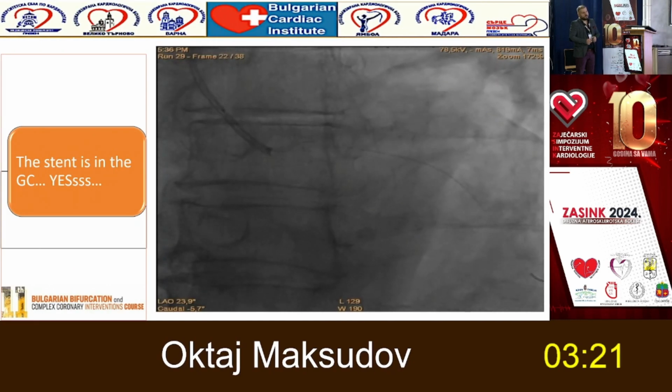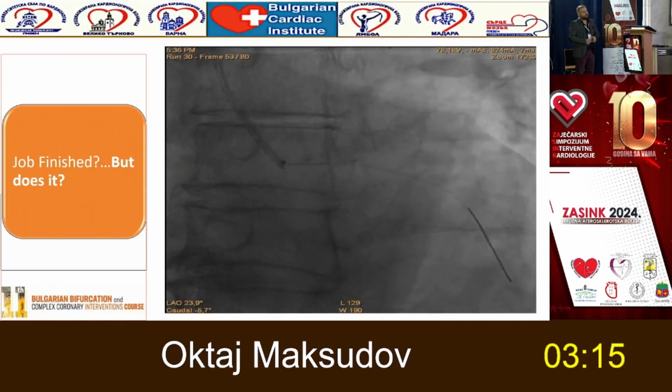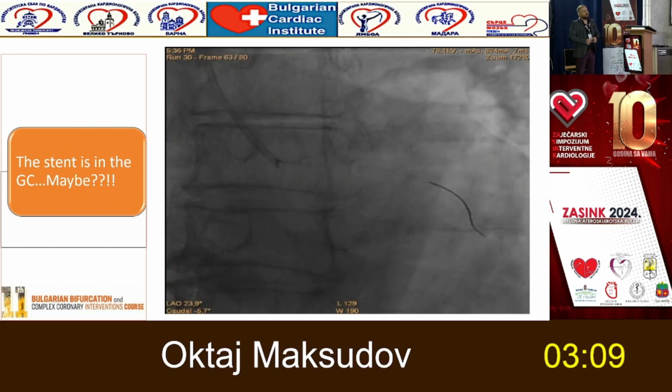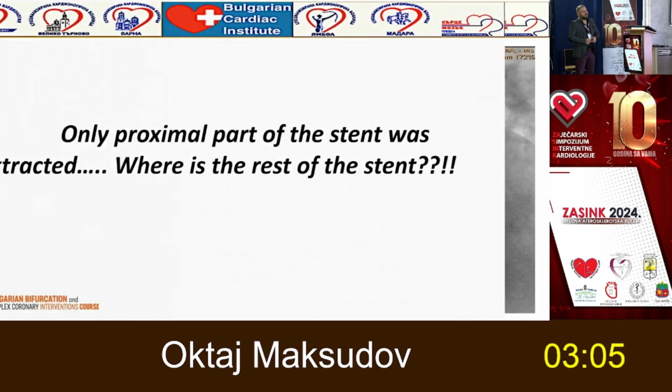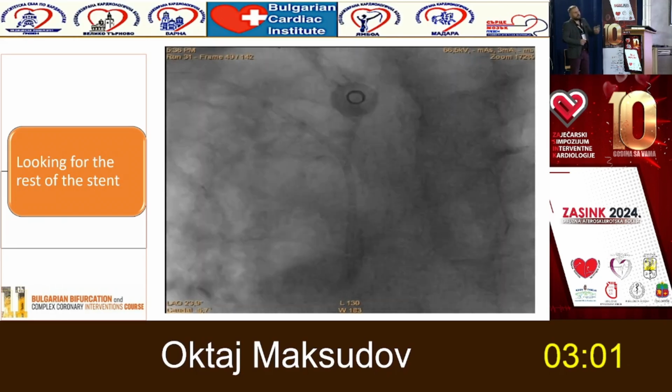We thought it was in the guiding, but we pulled away the whole system, and we extracted only the proximal part of the stent. Where was the rest of the stent?